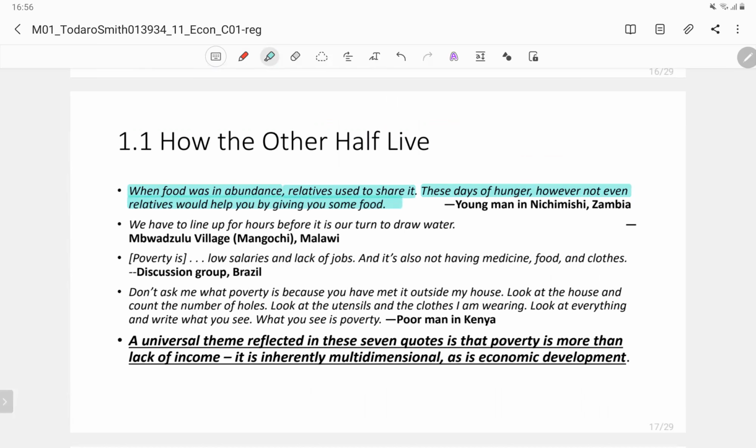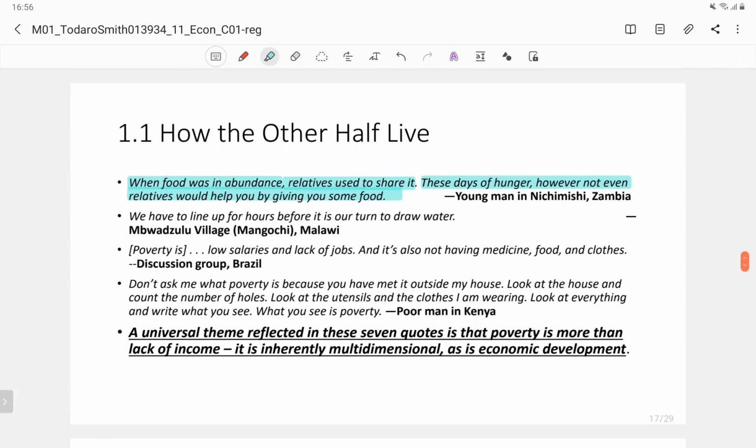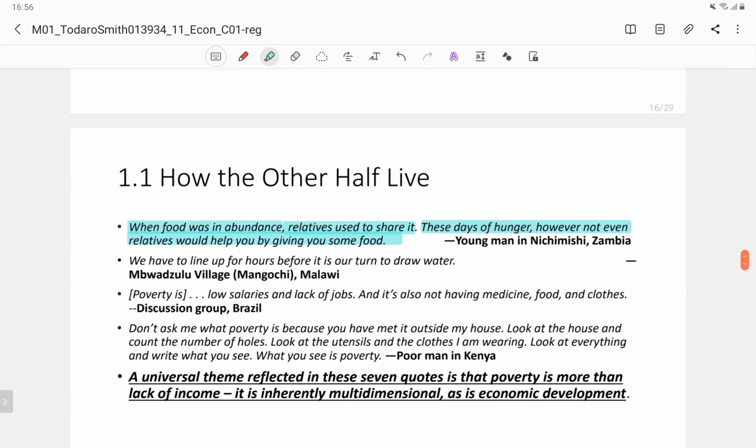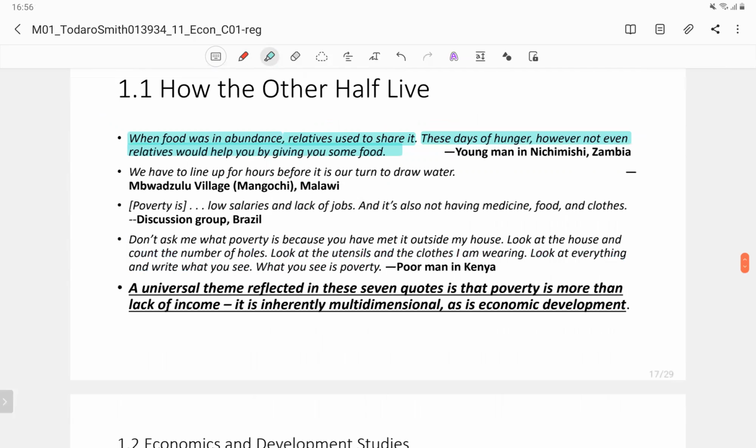The main idea why Todaro showed all of these quotations is that a universal theme reflected in the seven quotes is that poverty is more than lack of income. It is inherently multidimensional, as is economic development.